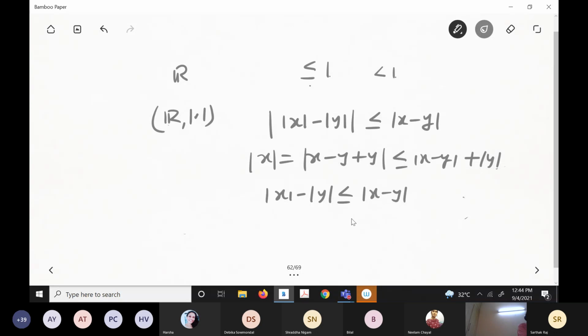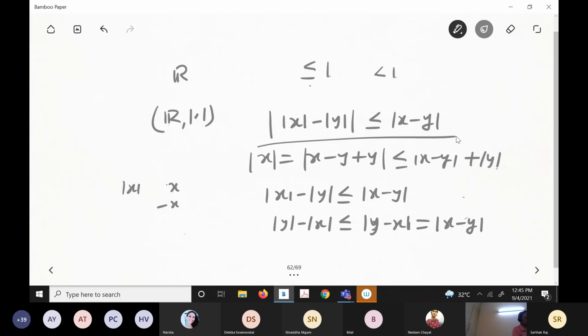Look, x and y are arbitrary points, so I can interchange y and x. Sometimes you use this unconsciously without realizing it. So this is the opposite sign of that. When I say mod x, it means either x or minus x, so this will be true.